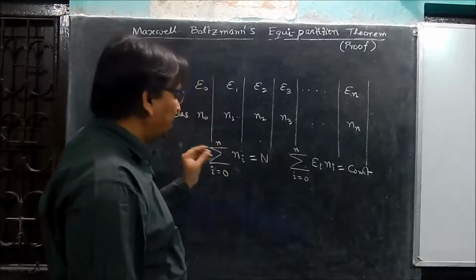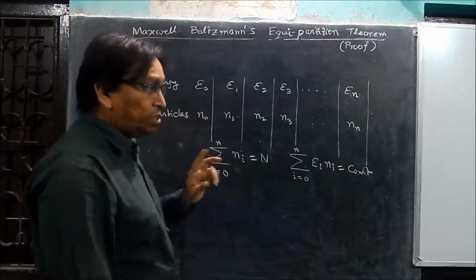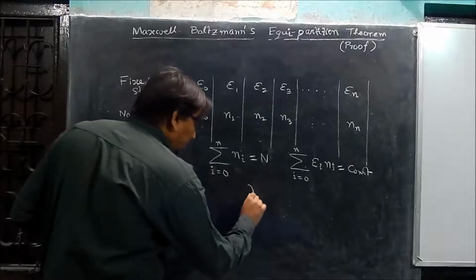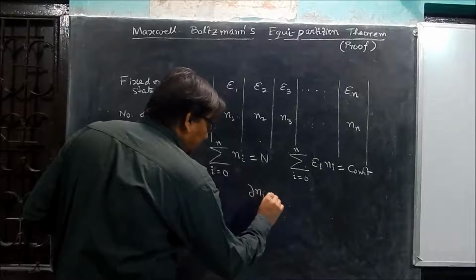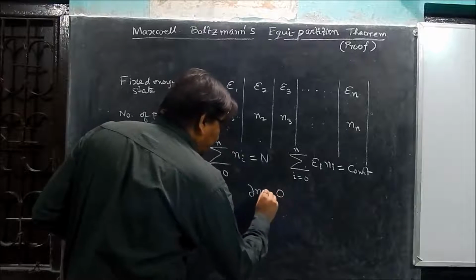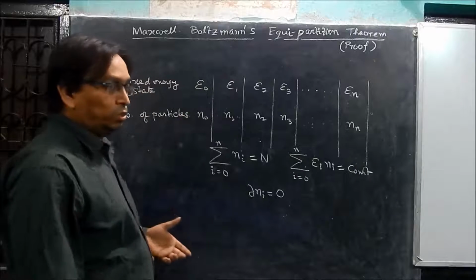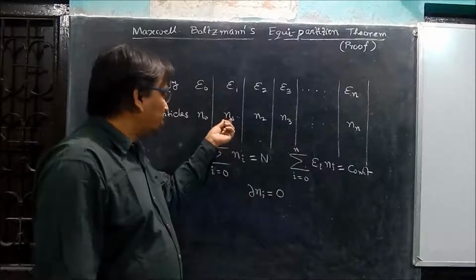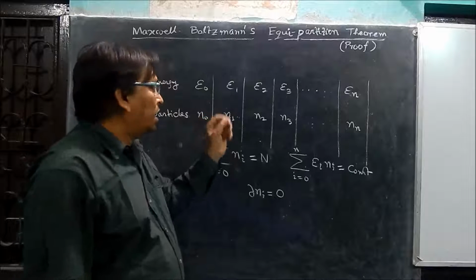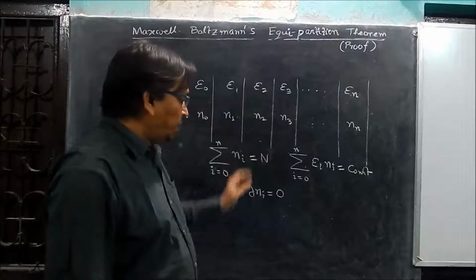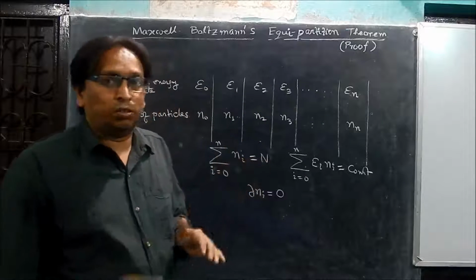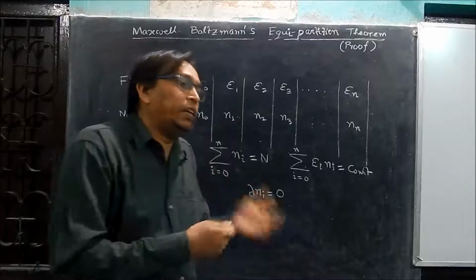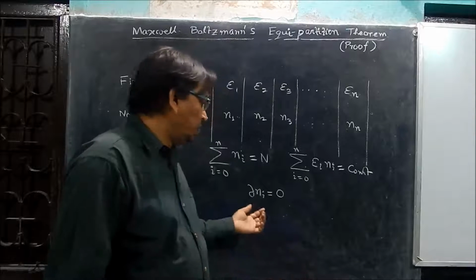That means the change in the total N is not possible, so delta N equals 0. There will be changes in individual ni. Say some particles I have taken from here and given to this box, but overall the change is not possible, so this is equal to 0.